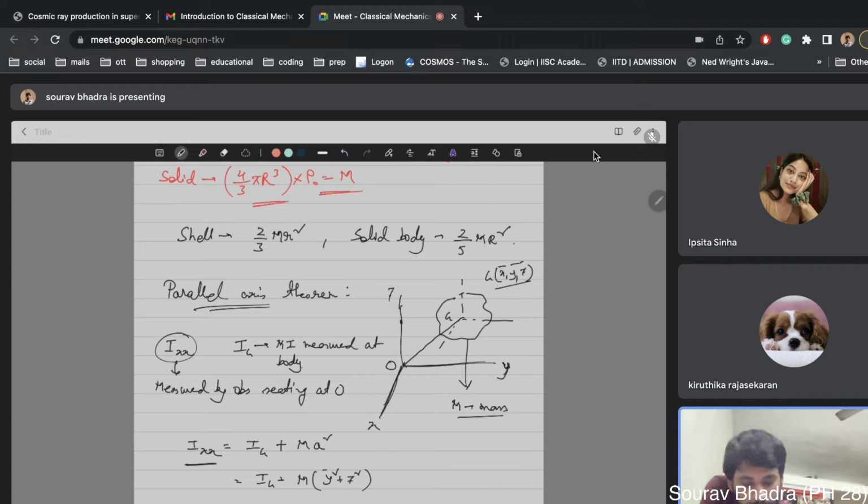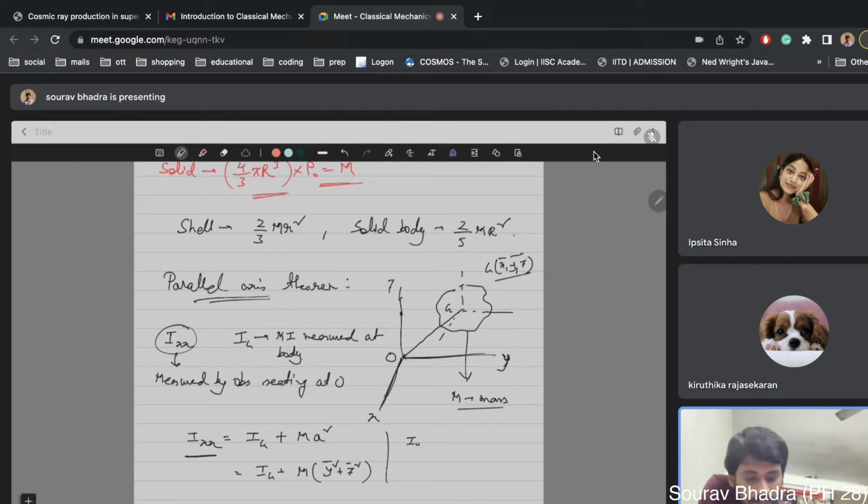Similarly, if you calculate Iyy, it will be Ig and then m, now the distance will be the distance of g from the OY axis instead of the OX axis. So that will be x bar square plus z bar square. Okay, so this is an important thing.